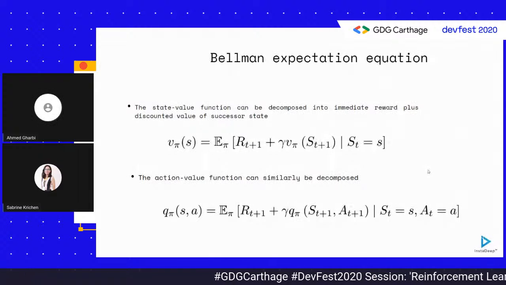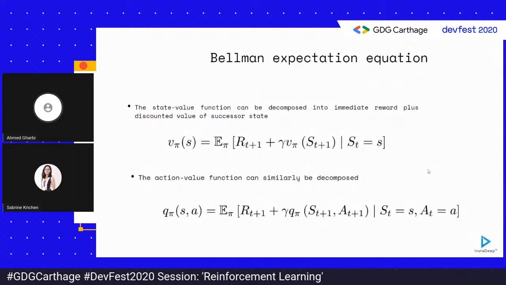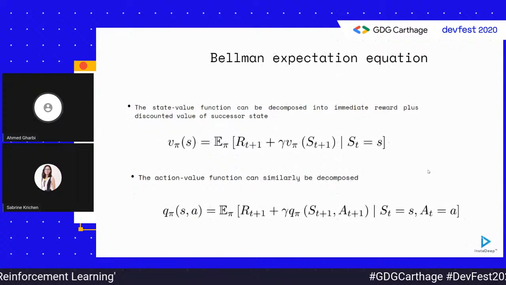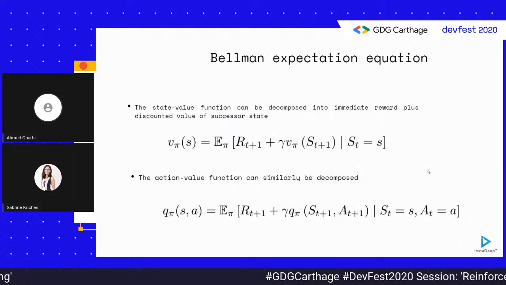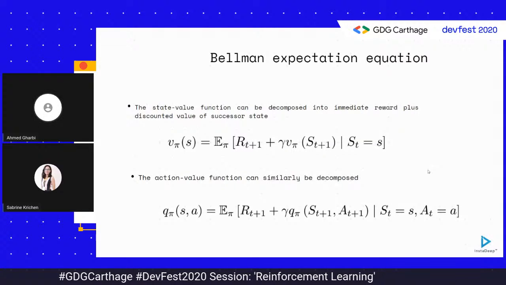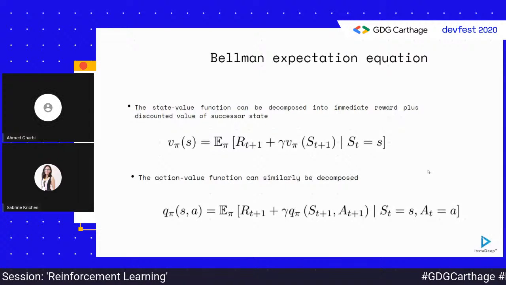Okay, now we will introduce Bellman equations. One might ask, how can we estimate the value of each state? Well, the good thing about the value functions V and Q that we introduced earlier is that they obey a recursive relationship.